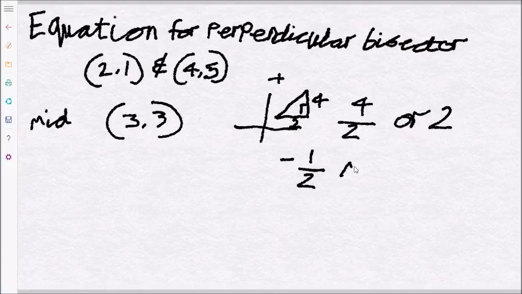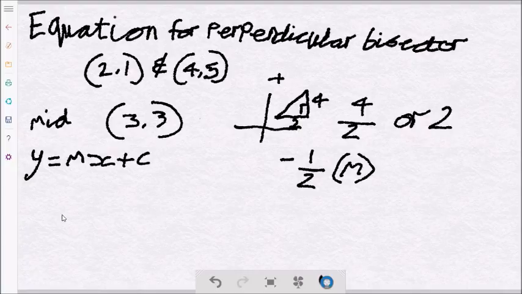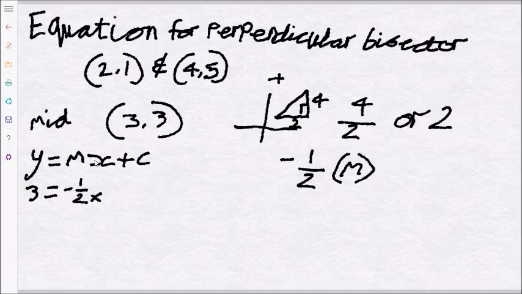Now the gradient is also known as m. The reason why we need to know that is because we put it in a formula. The formula is y equals mx plus c. Now we know what y is because we've got 3 here, so we can put 3 in, equals m, which is minus a half, so we've got minus a half, times x, which is 3, plus c.